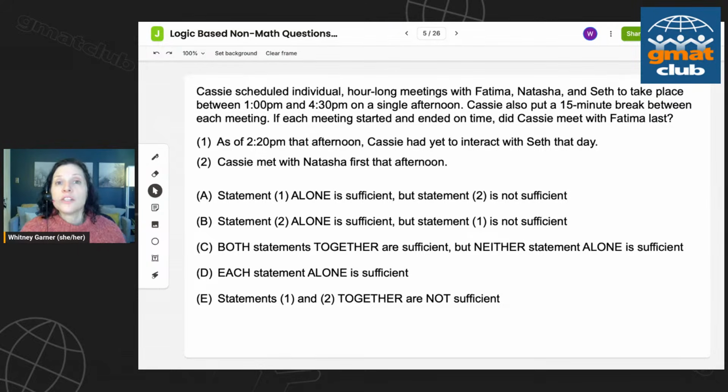Okay. So, first thing we need to think about is how we recognize that we're in a logic based question. Because I love how many of you said visual chart. I drew out some slots, right? I made a small chart, a way of visualizing it. When it comes to these logic based problems, a visual representation is almost always going to be your best move because the solution is going to involve kind of an ordering.